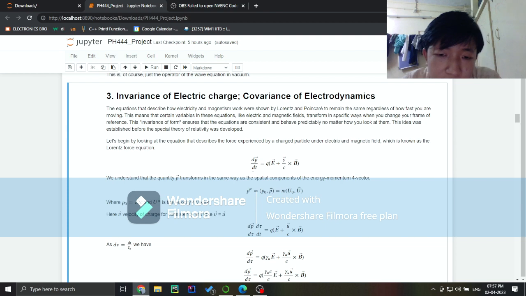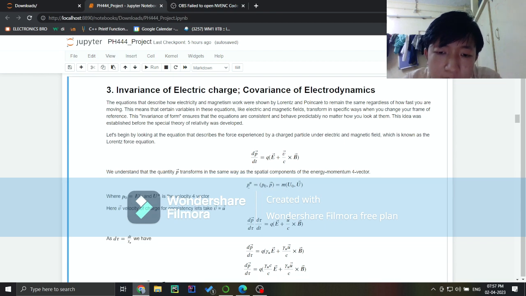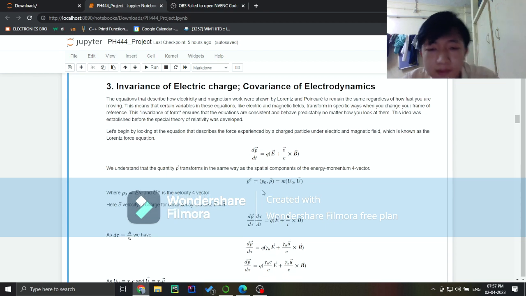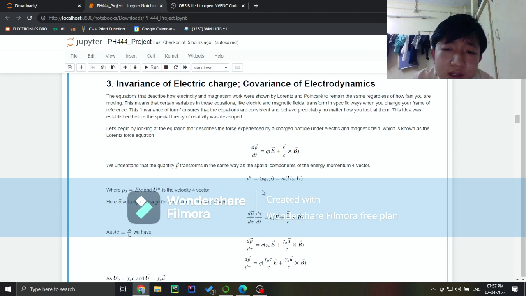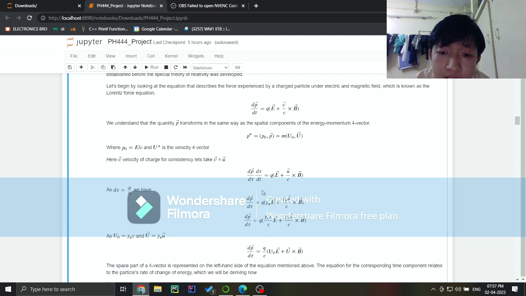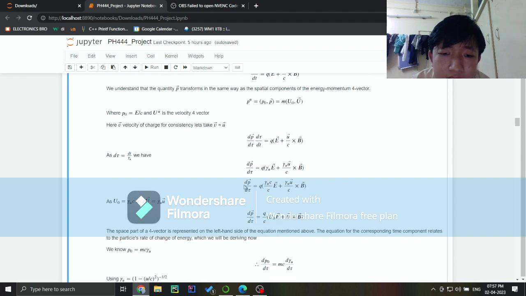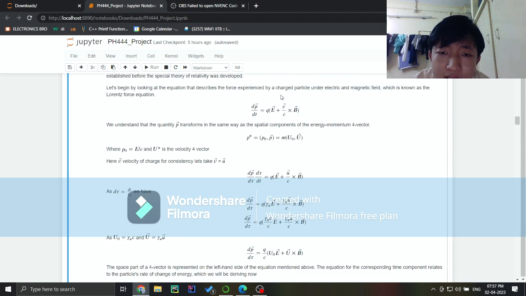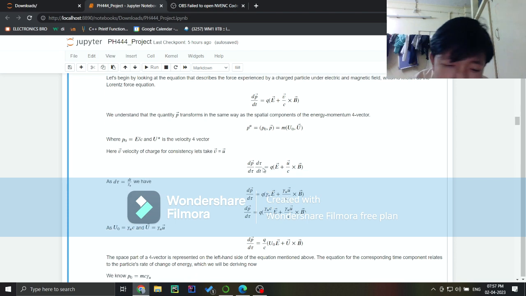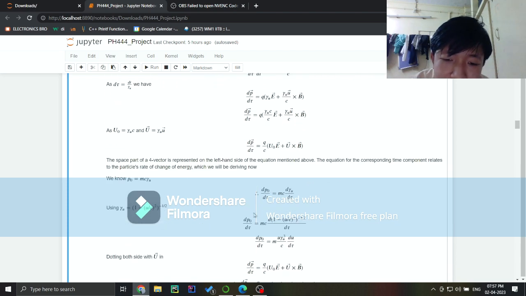The left hand side is basically the four-force vector, and p^α is the four-momentum vector. This is basically mass times the four-velocity vector. By basic algebra, we write this in terms of the proper time, and we get this.